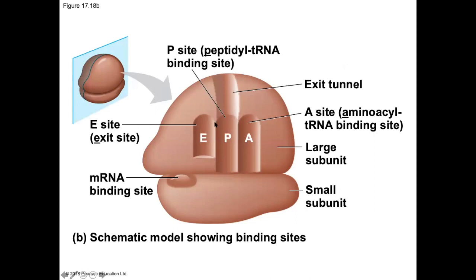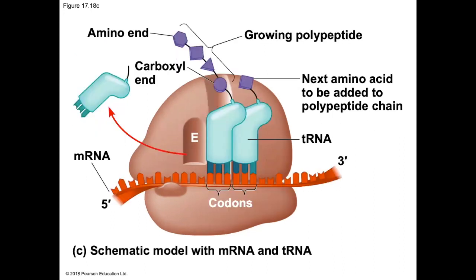In other words, you can use the acceptor site as a mnemonic, just to remember that the A site accepts the next tRNA. While the P site is the holding site, and the E site, or the exit site, will be the one releasing the tRNA from the ribosome. And this is just to show you how the translation progresses in the ribosome.